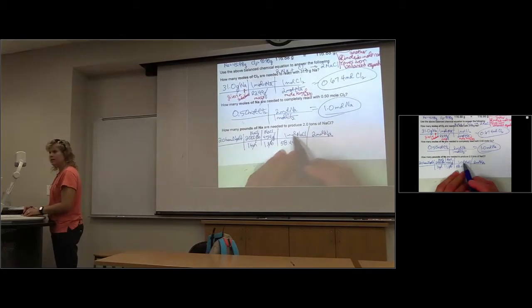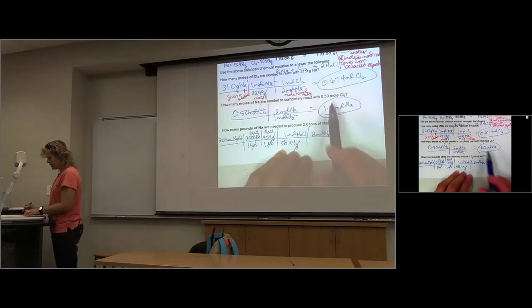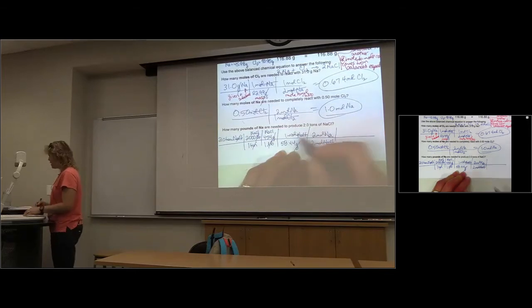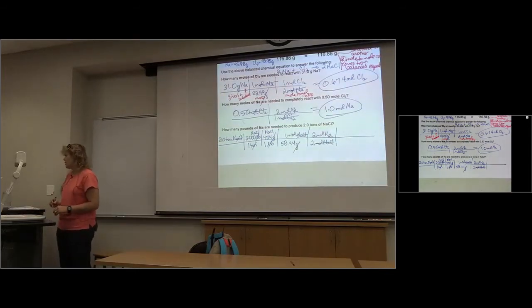We have to get out of sodium chloride. What is it? Also 2 moles of NaCl. That gets me out of sodium chloride. Now I'm in sodium, but I don't want moles of sodium. So I go moles of sodium to grams.